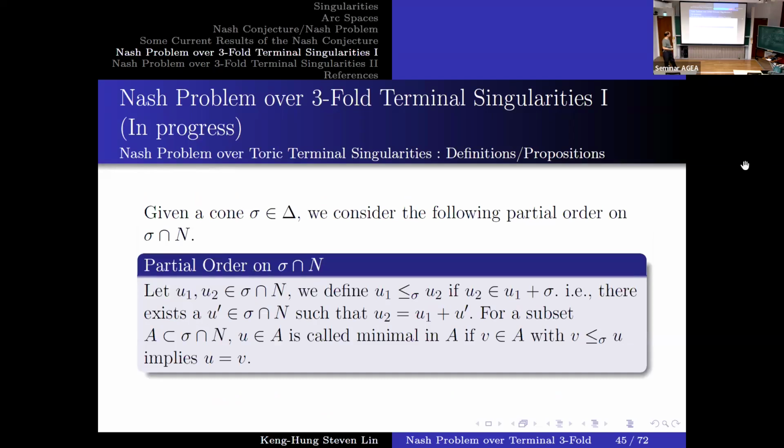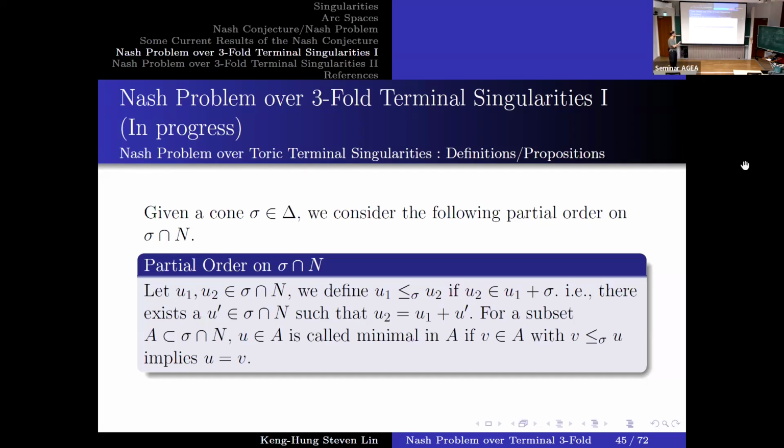And the proof is, okay, so what does minimal mean? Minimal means in the sense of integer programming. Given two vectors in your lattice, u1 and u2, u1 is less or equal to u2 with respect to the cone σ if the bigger one is the smaller one plus some non-zero vector u' where u' is in the cone.